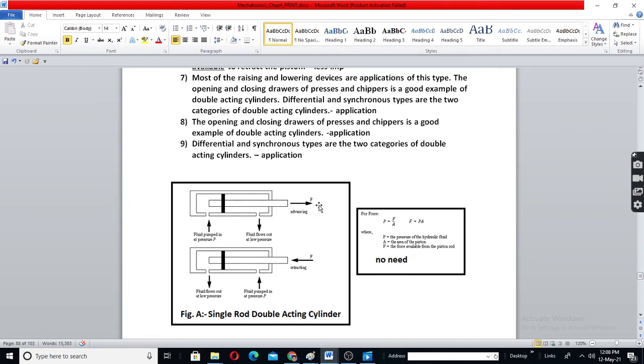Rod will move to right side. If we pump the fluid at pressure to the right port, piston will move to left side. So this is single rod and double acting cylinder. You have double rod, double acting, many types are there. You can do Google search if you are interested.